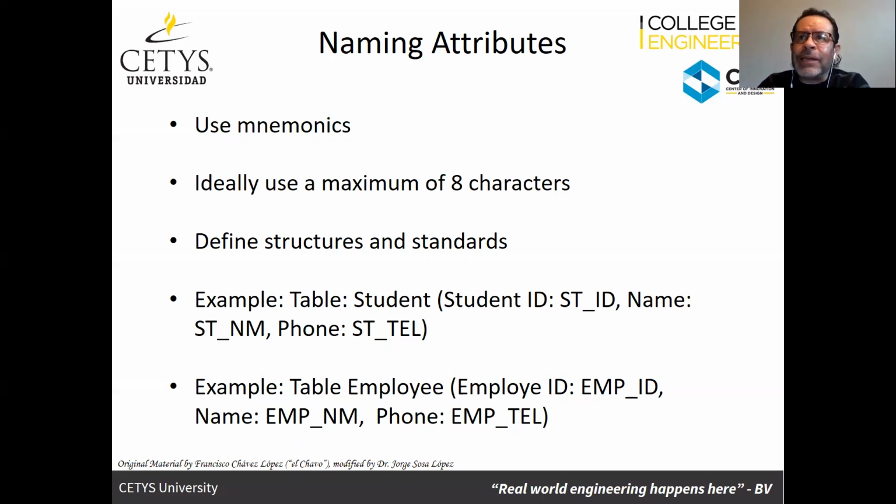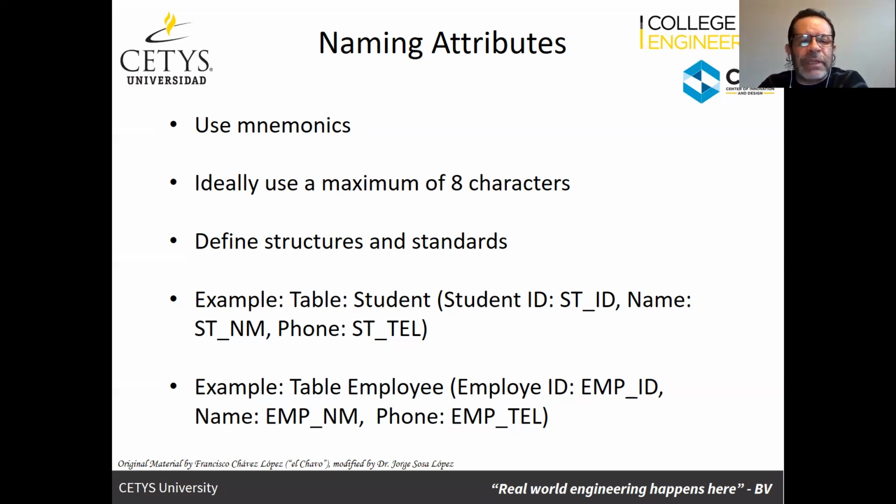When we're naming attributes, we're going to be using small words that represent or describe things, and these are called mnemonics. A recommendation is to not have these attributes be very long, and it's recommended to have a certain nomenclature or structure that can help us to easily identify what the attribute means.